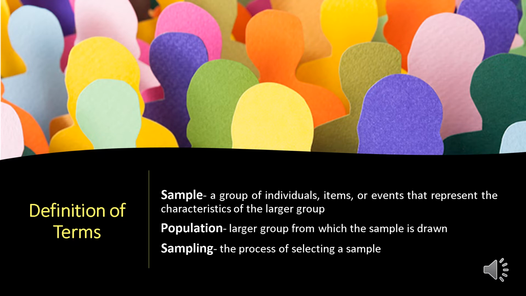Before we proceed, let us define the following. Sample, a group of individuals, items, or events that represent the characteristics of the larger group. Population is the larger group from which the sample is drawn. And lastly, sampling is the process of selecting a sample.